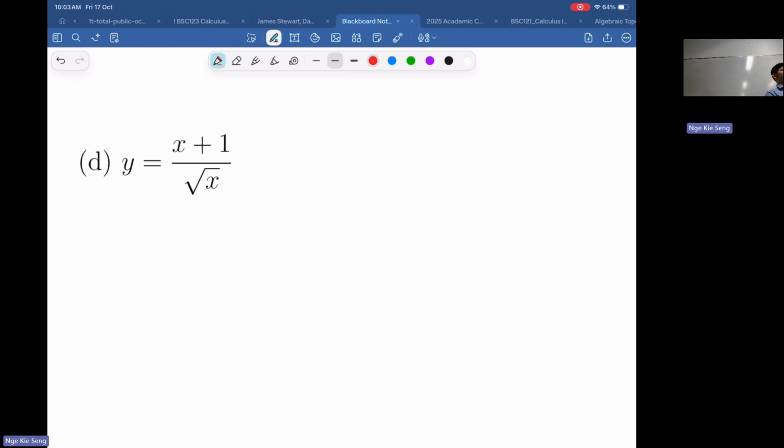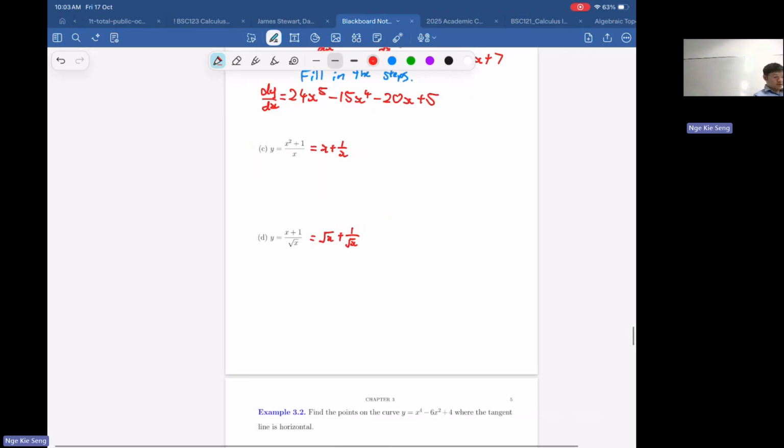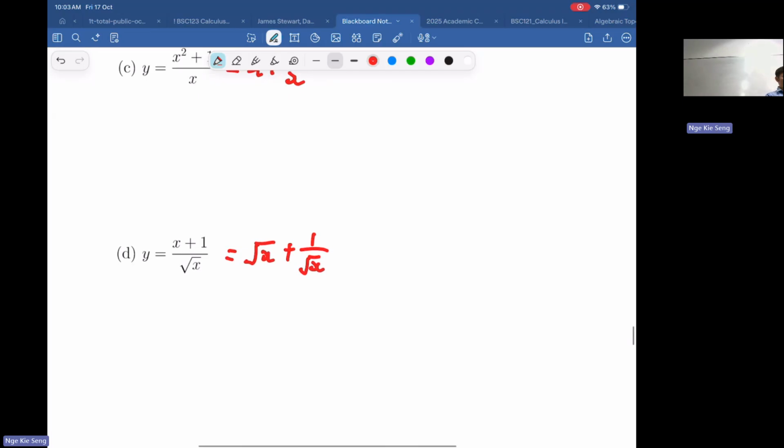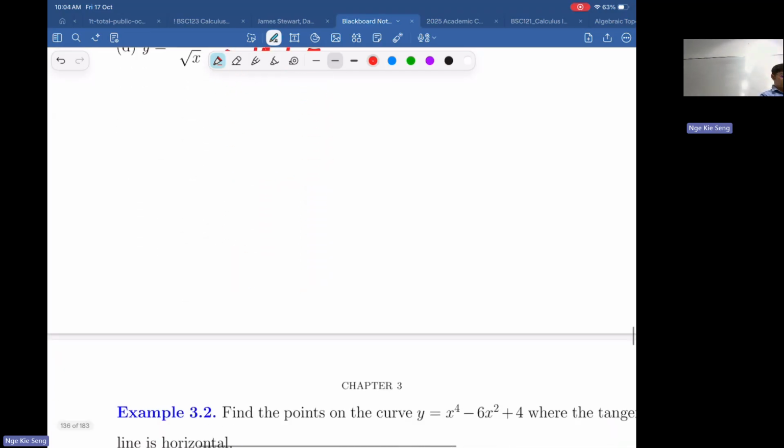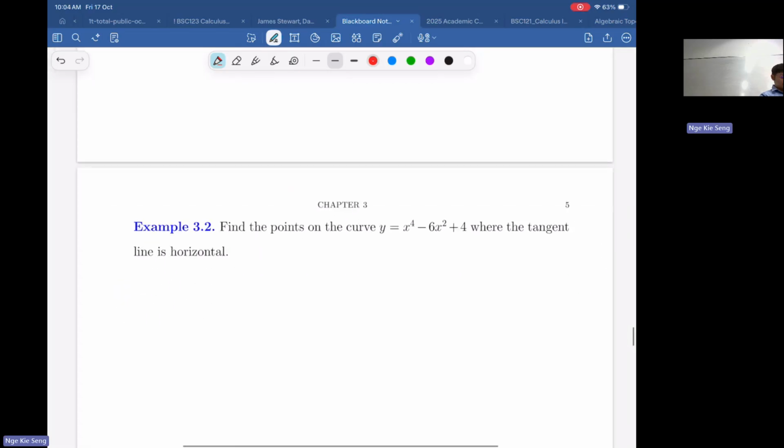Can you do a similar thing? Yes, you can do square root x plus 1 over square root x. Square root x is differentiable using the power rule, the second one is also differentiable using the power rule, so the sum of them is differentiable. I suggest you go back and do it. I won't do all of these together with you, because they are similar.